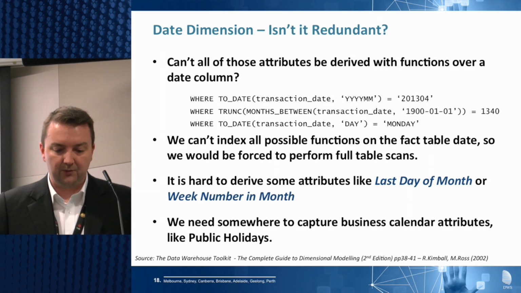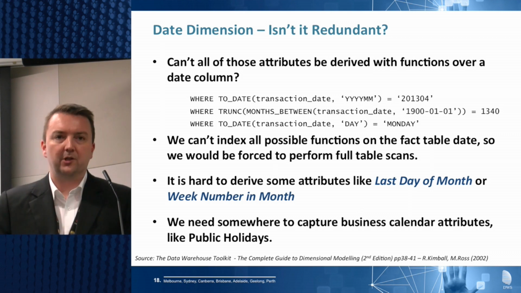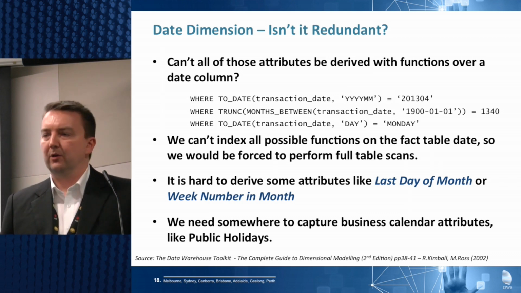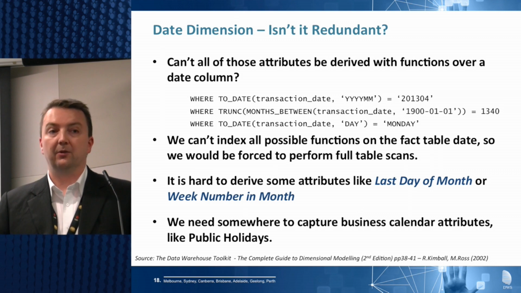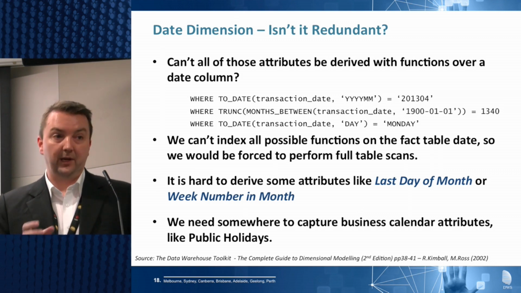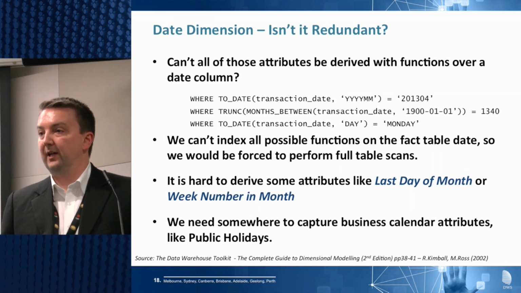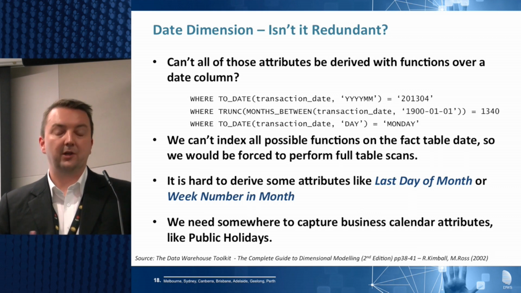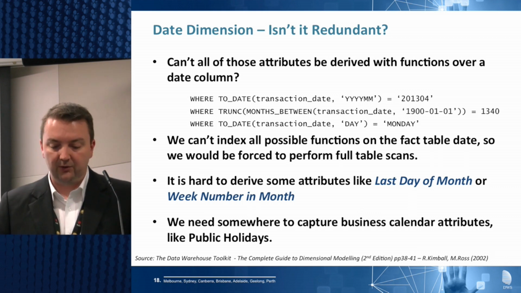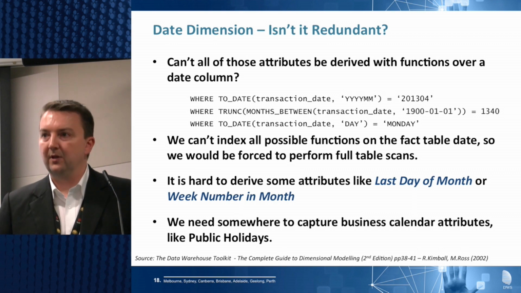There are several reasons why we use a date dimension. One of them is that we can't index all those possible functions. I know Oracle provides the ability to create function-based indexes, so if we had a date in the fact table, we could create an index not only on the date itself, but on a function over that date, like to-date, transaction date, comma day, so the day name.